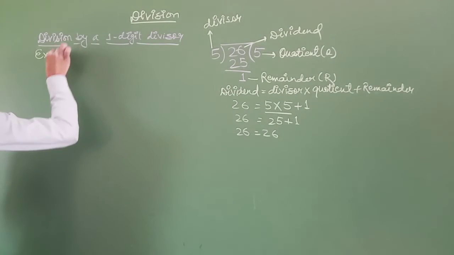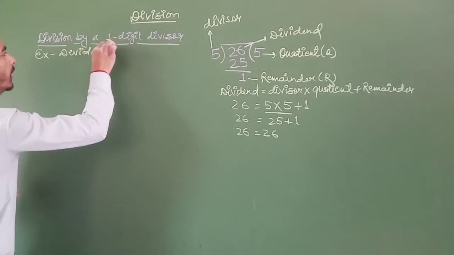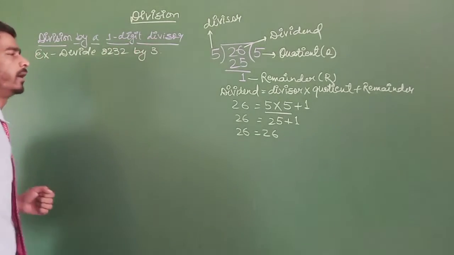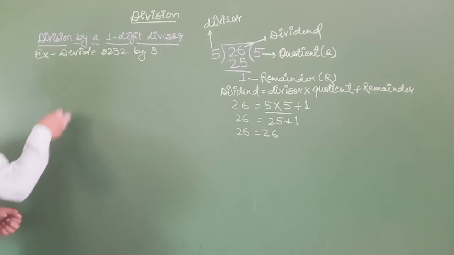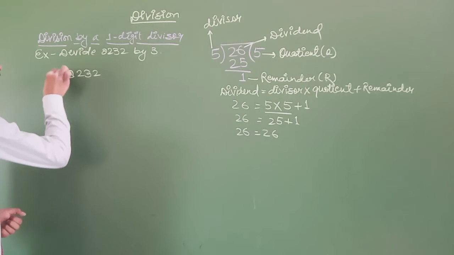Divide 8242 by 3. In step 1, 8242 divided by 3.